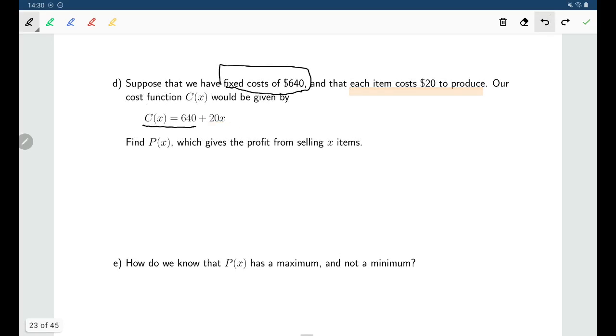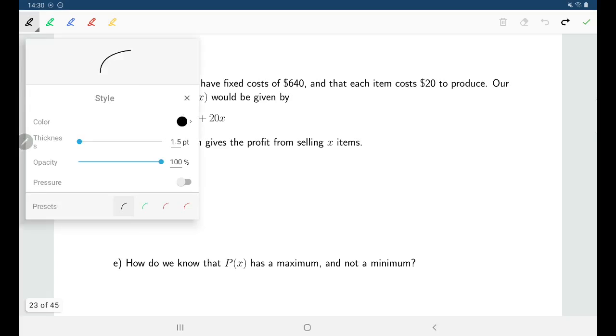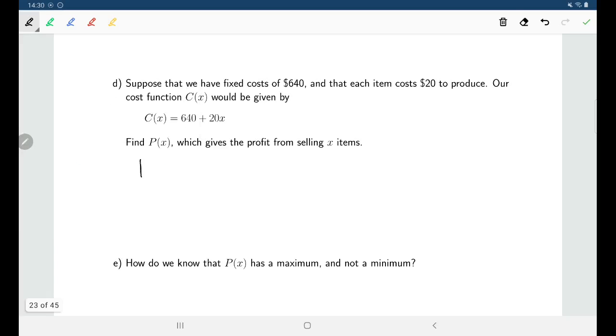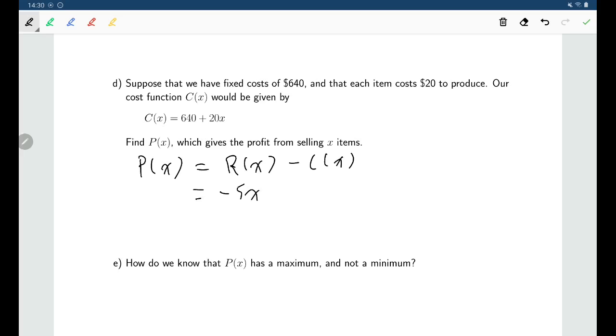Now, what we want to do is use that to come up with our profit equation. And we already know what our profit equation is. It should be just our revenue function minus our cost function. Our revenue function was negative 5x squared plus 200x. Our cost function is 640 plus 20x.